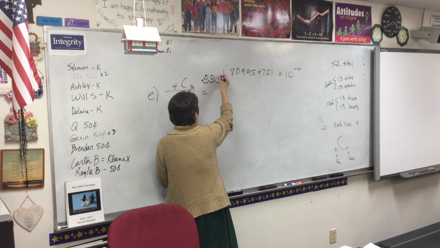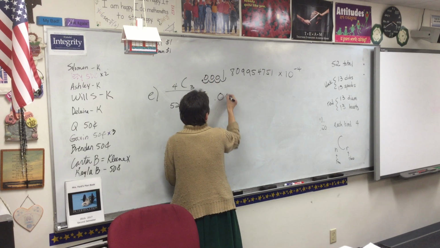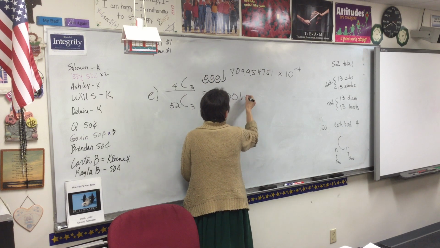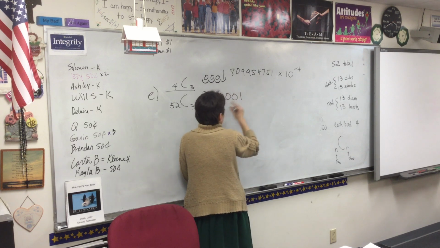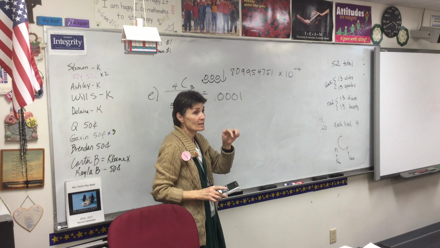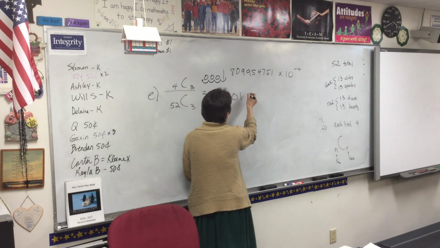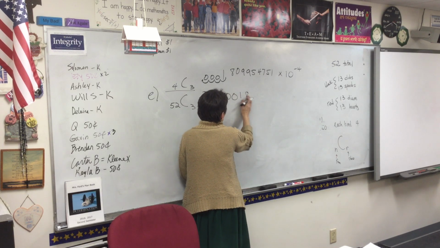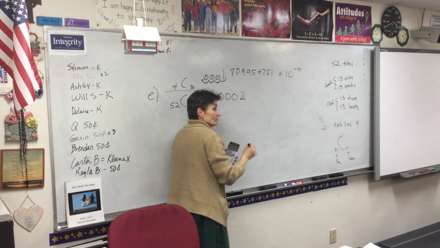So then I fill all the shells with eggs, and it's 0.0001, and then all that. Now on the test, I'm having you round to the 10,000th. So this would actually be an 8 after this. So I'm going to round that off to 0.0002.